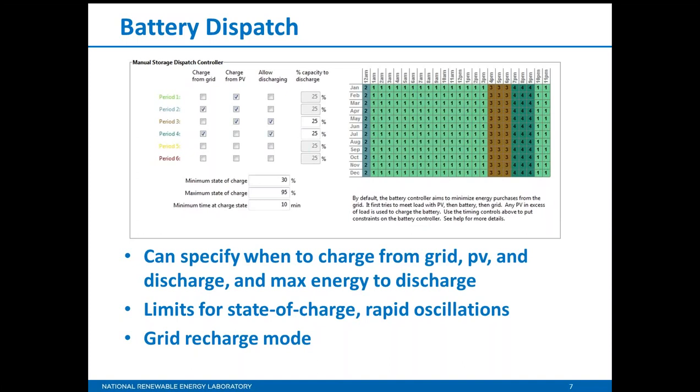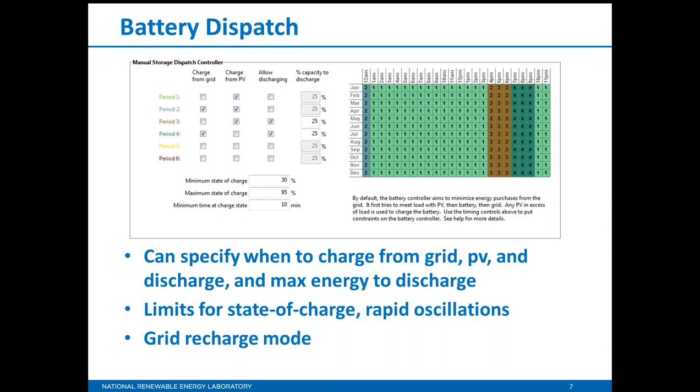Within this controller, you can also specify things like the minimum state of charge of the battery and the maximum state of charge. This is important for your battery degradation. We also have a feature that allows you to choose the minimum time at a charge state. This is particularly relevant for very short time step simulations.